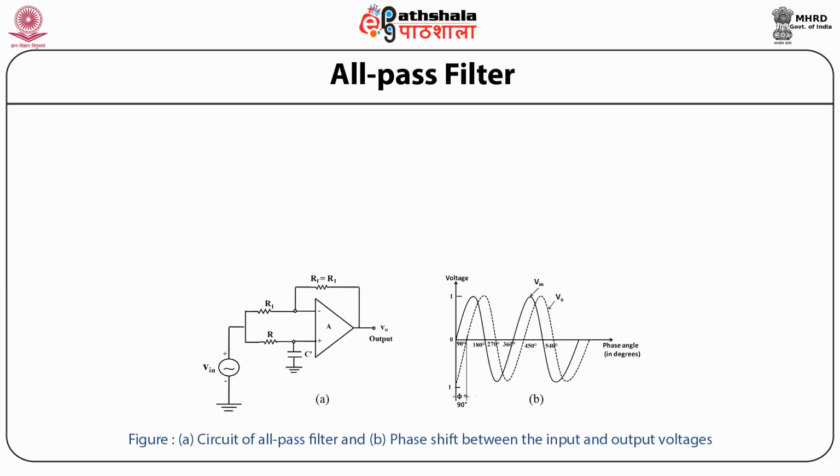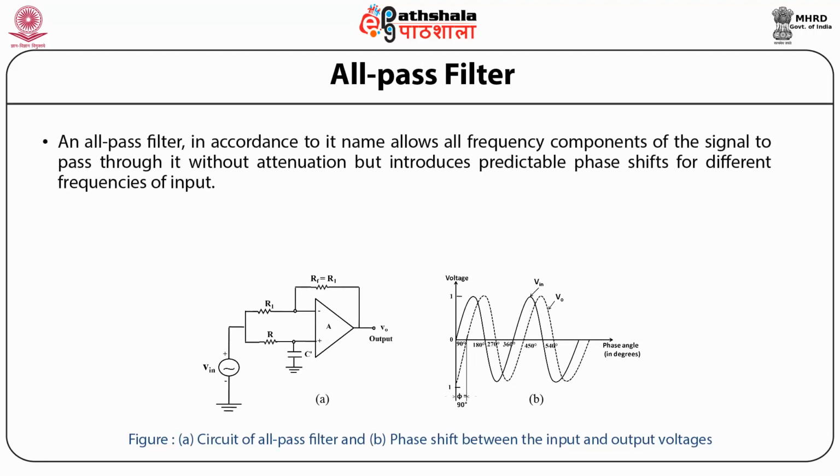In the last, we will discuss the all-pass filter. An all-pass filter, in accordance with its name, allows all frequency components of the signal to pass through it without attenuation but introduces predictable phase shifts for different frequencies of input.